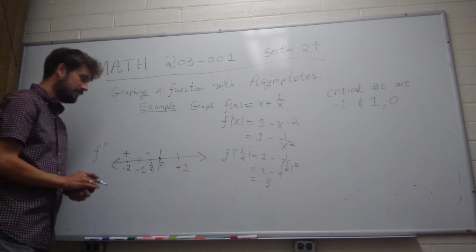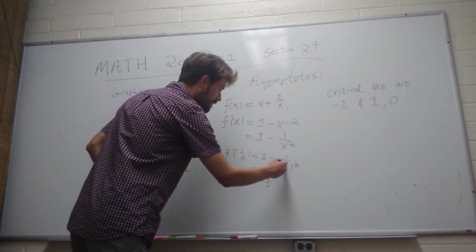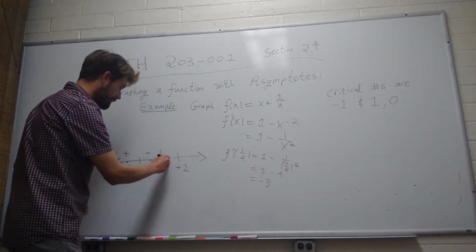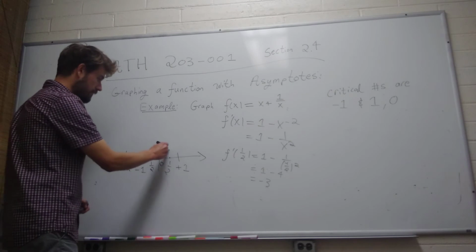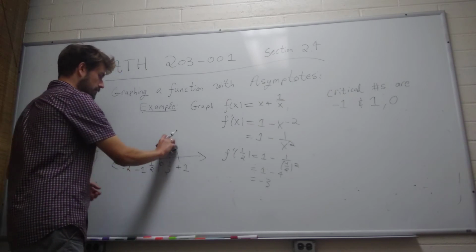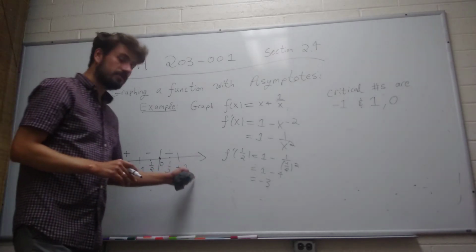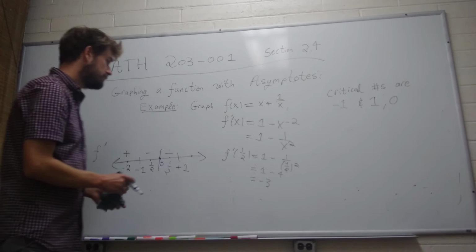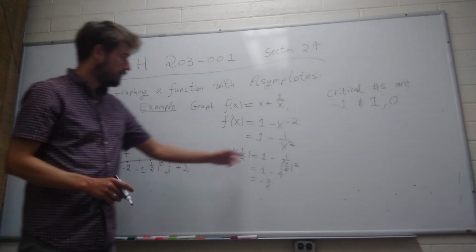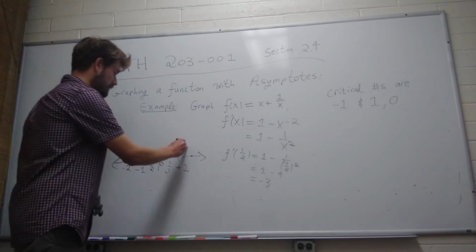So f prime is negative. Minus a half, but notice we're squaring this, so it doesn't matter. Negative a half, positive a half, doesn't matter. It's also negative between 0 and positive 1. When x is larger than 1, again, let's say we plugged in 2. Again, it'd be 1 minus 1/4, which is 3/4. That's positive.